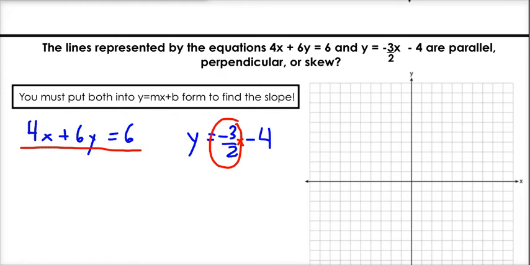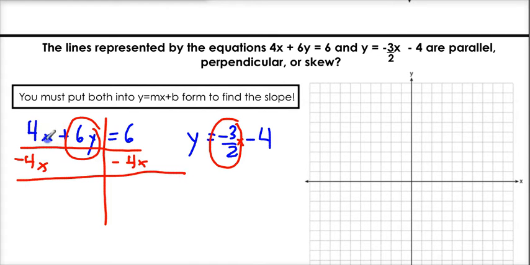So let's do that. As I always say, to solve for y, circle your y, draw a line down, and we're going to have to move the 4x to the other side. That cancels out. We get 6y is equal to negative 4x plus 6.